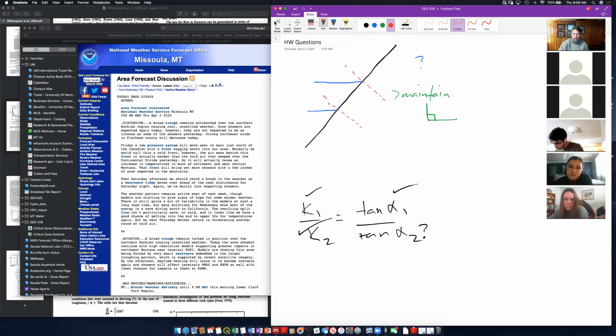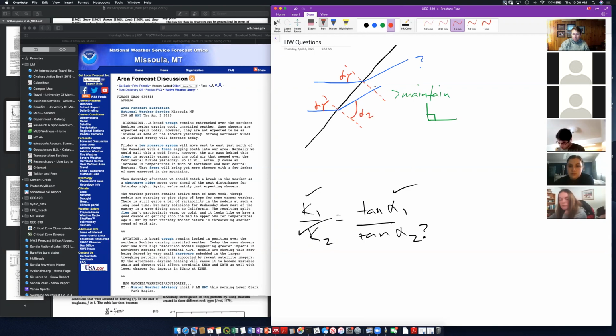So the angle alpha is this angle here. And then you'll have some flow path after that.